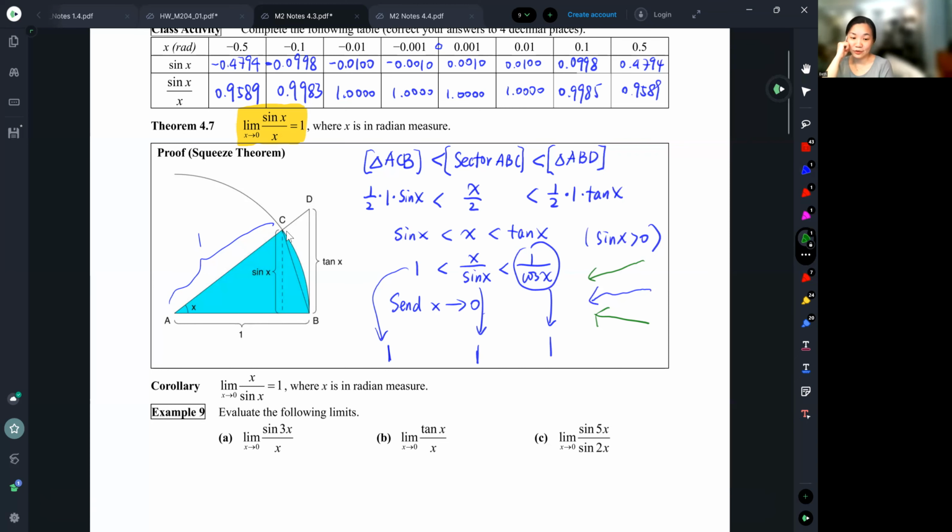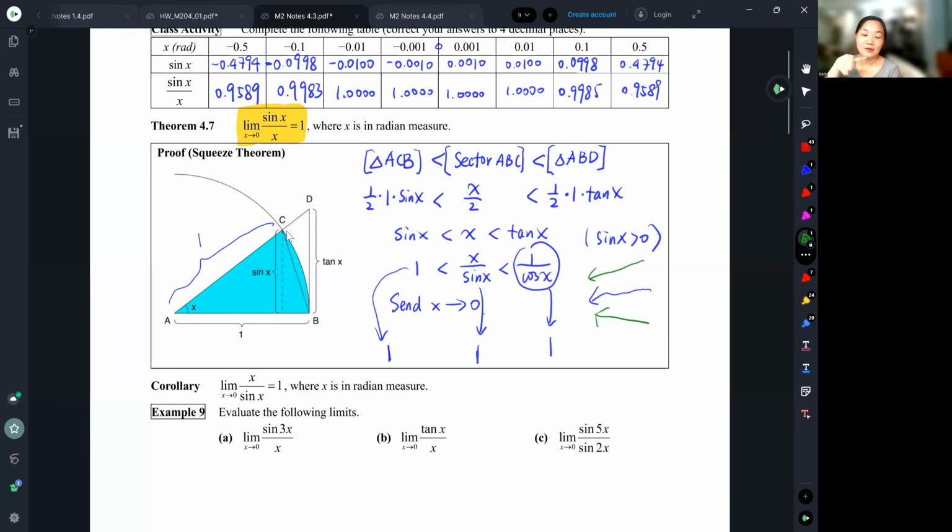It's a mix of rational and trigonometry. Now, why do we need to find this limit? It's because any other function we're going to work on today will have something to do with this function in the end.